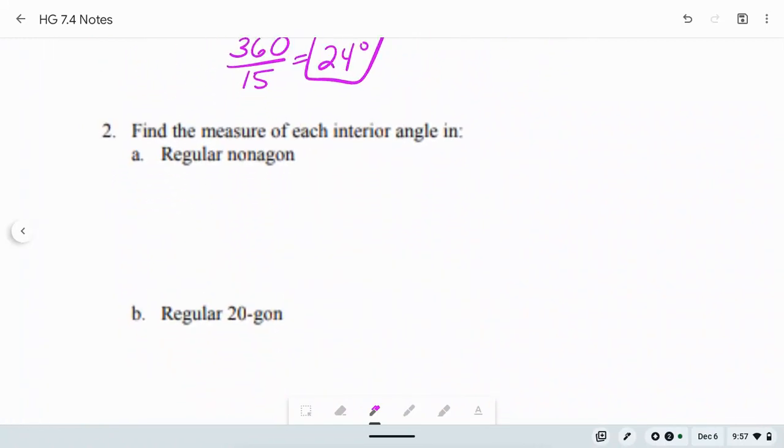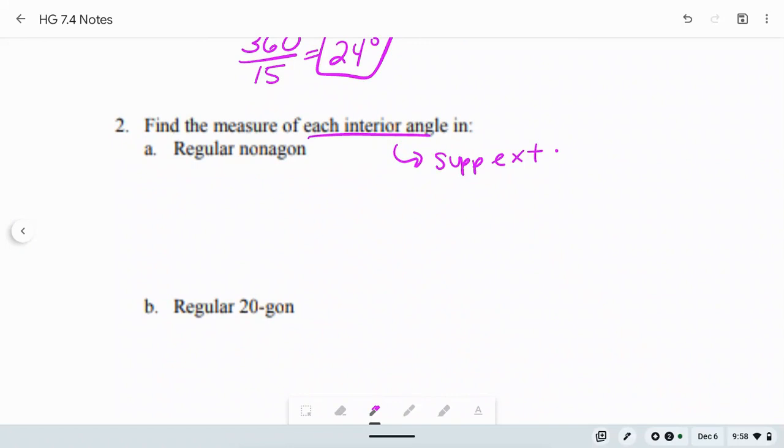In example 2, it says find the measure of each interior angle. So first, we're going to find the exterior angle just because that's super easy. And then we know the exterior angle and the interior angle are supplementary. So the interior angle is always going to be supplementary to the exterior angle. So in a nonagon, to find the exterior angle, I would do 360 divided by 9.